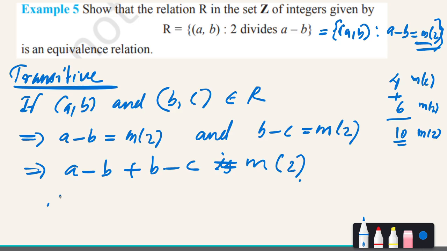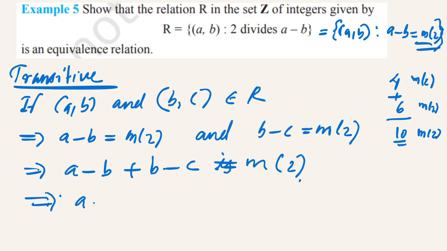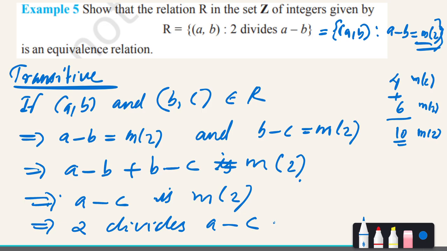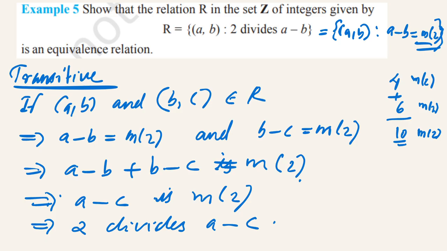Okay, dears. Therefore, what we can say, B will be cancelled. So you can write that A minus C is a multiple of 2, or we can say that 2 divides A minus C. We need only to get the relation between A and C. That's what we have added.